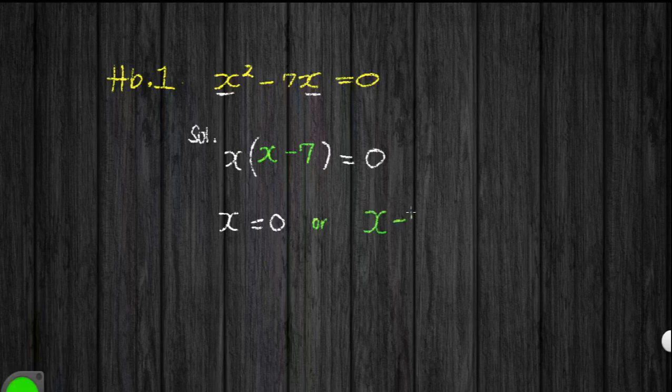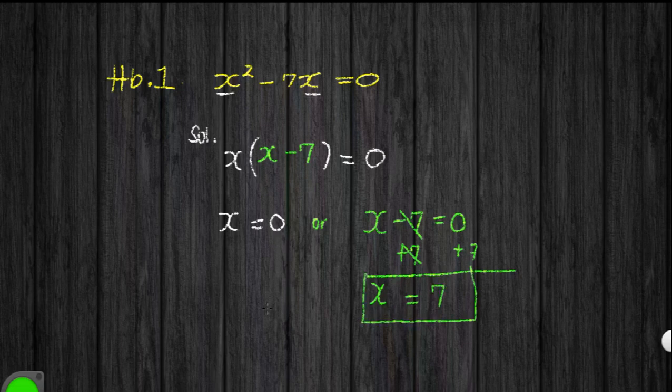So, we have here x minus 7 equals 0. And then, when I add 7 both sides, we will cancel negative 7 doon sa tabi ng x at ang matitira diyan ay 7 na lang sa right side.